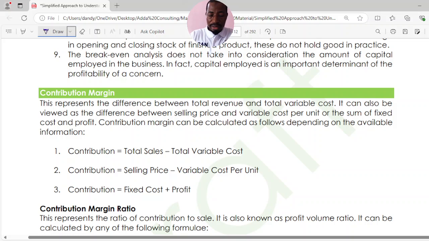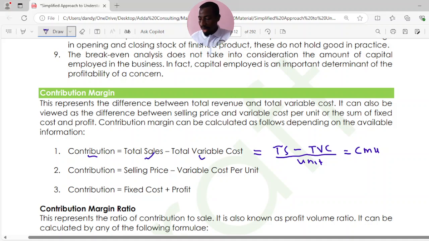For the total contribution margin, it is simply total sales minus total variable cost.